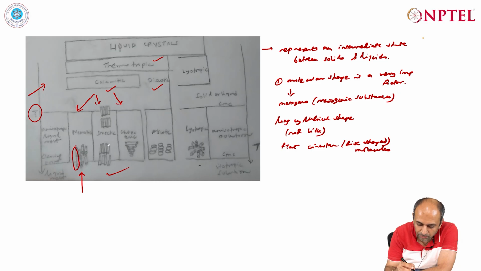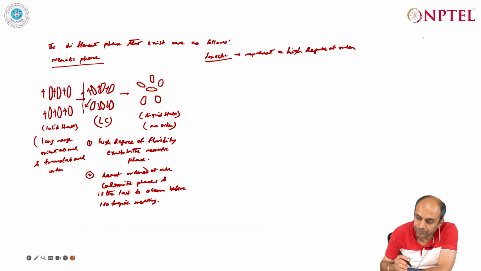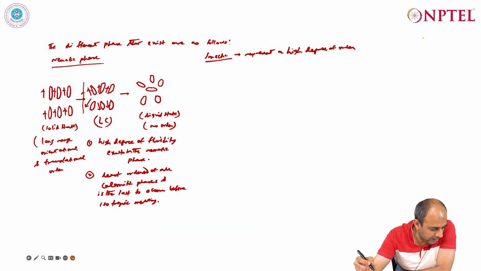But in the case of smectic, they first form these tubes along one direction, and then they stack along another direction. So, this gives rise to a 2D structure in the case of the smectic phases. There is a high degree of order in the smectic phases, and these are 2D layer arrangements.